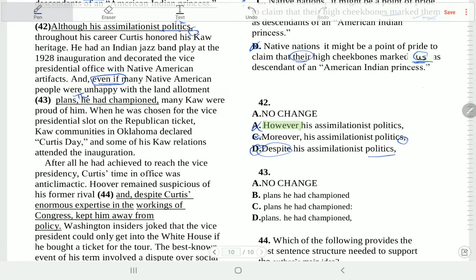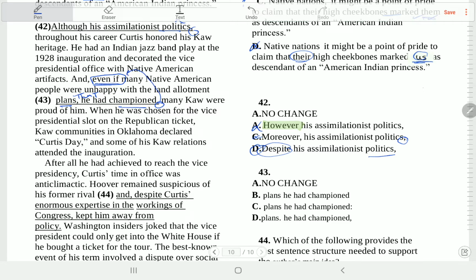It's implied, but he didn't write it. Okay, so the end of even if is after championed. Even if many Native American people were unhappy with the land allotment plans he had championed, then what happened? Even if, even if this happened, many were proud of him, they were very proud of him.